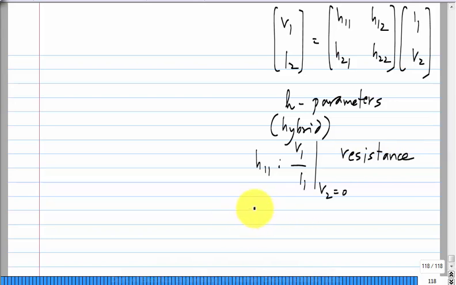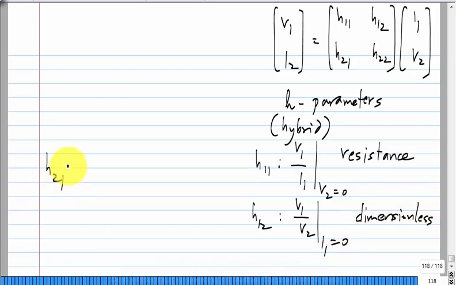And what is H12? It's a dimensionless number, right? So it is V1 by V2 with I1 being 0. H21 is the current gain I2 by I1 with the second port short circuited.